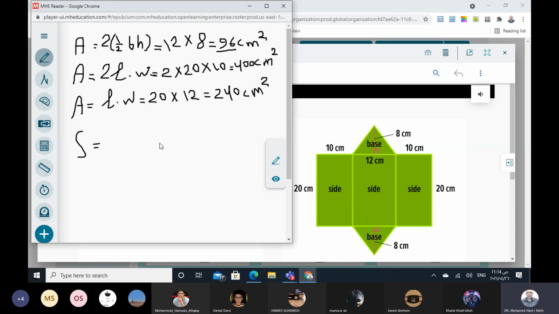We have here 96, and here we have 400, and here we have 240. 736 centimeters squared. So the answer will be 736 centimeters squared. Thank you, Daniel.